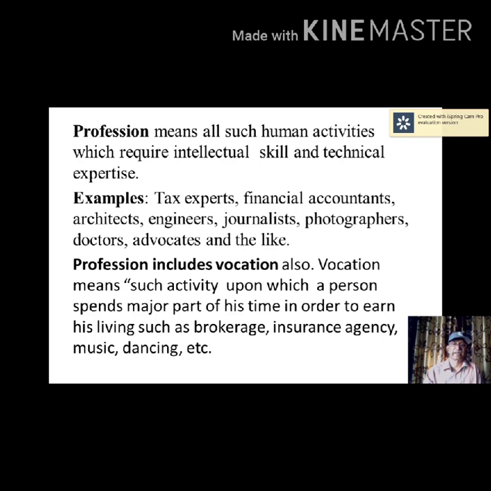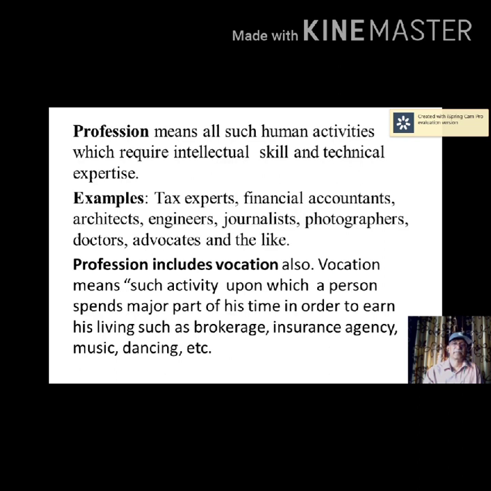To become a professional, you have to complete certain educational qualifications and undergo some training also. For example, to become an auditor, you have to complete the chartered accountancy examination and you have to hold a degree.